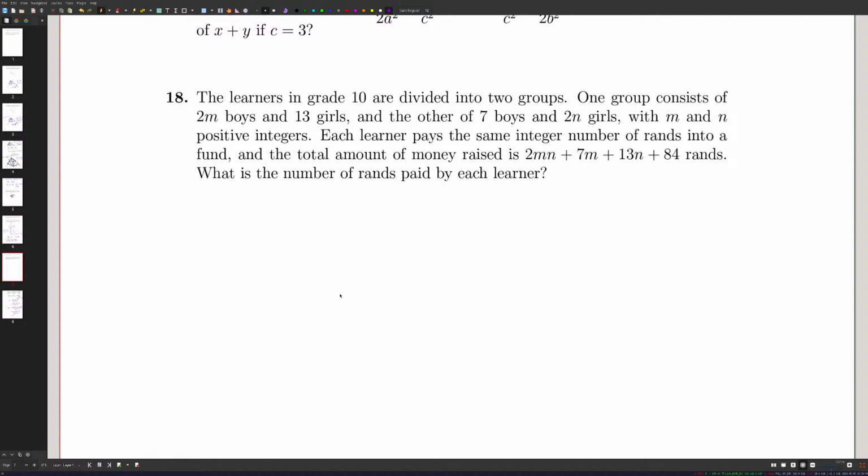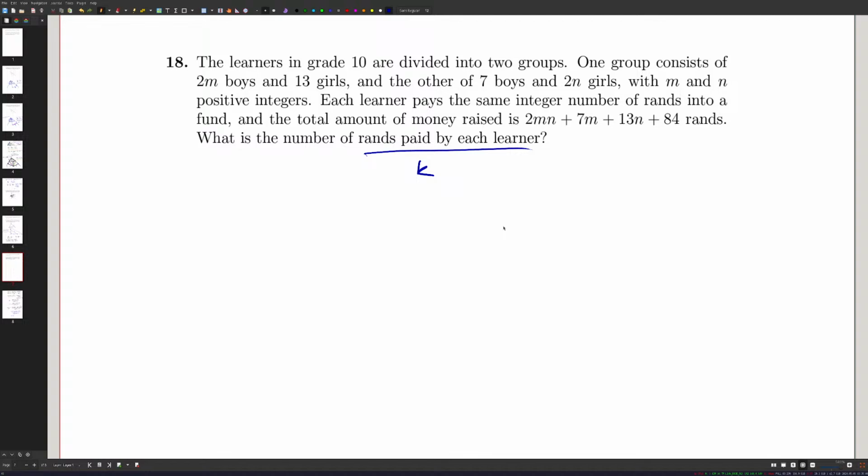So again, I've got no real ideas other than give this a name, like let's call it k. And so the total is going to be k times (2m plus 13 plus 7 plus 2n), I guess, and that has to be 2mn plus 7m plus 13n plus 84.